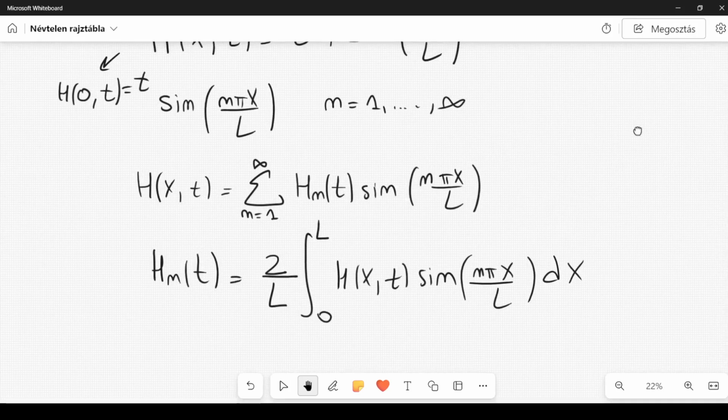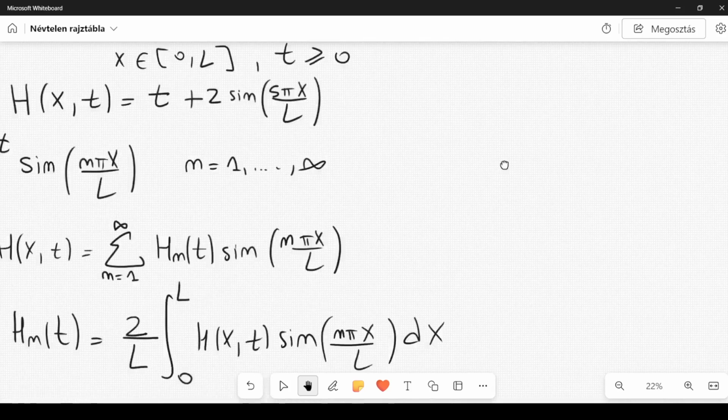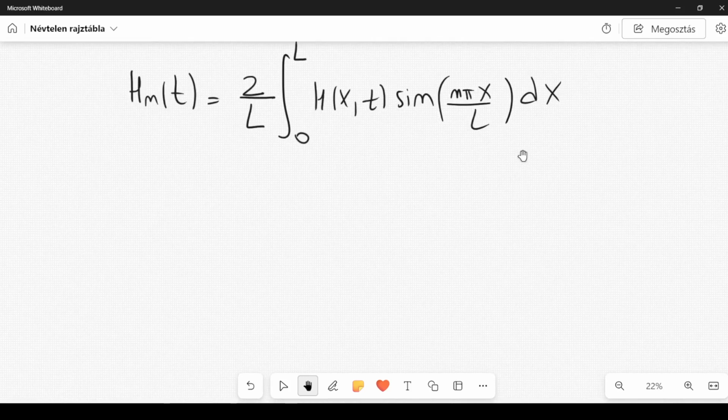But here I want to do it in a different manner. In my opinion, it is even more interesting to do so, because as I said, there is some intuition that you can infer from this.